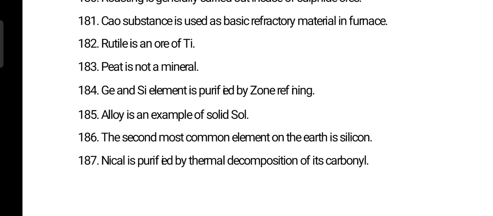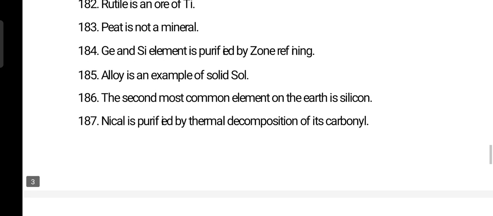CaO is used as a basic refractory material in furnaces. Rutile is an ore of Ti. Peat is not a mineral.